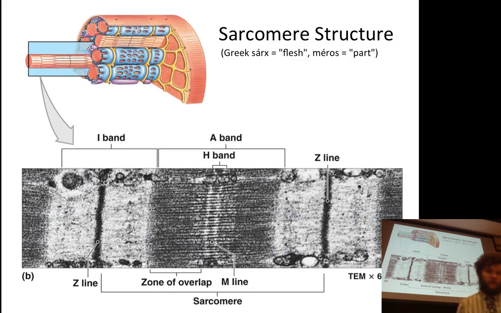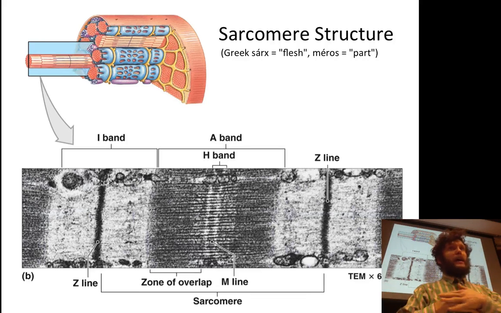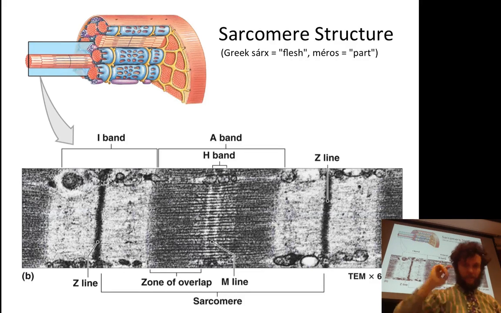Down the middle is the M line, M for middle. Down the middle of this A band, there's this H band, this narrow region in the middle of an A band. This is where we have thick filaments without any thin filaments present. Okay, so this right here is the zone of overlap. This is all thin filament. This is thick filament. This is thick and thin filament. This is only thick filament. Does that make sense? All right.